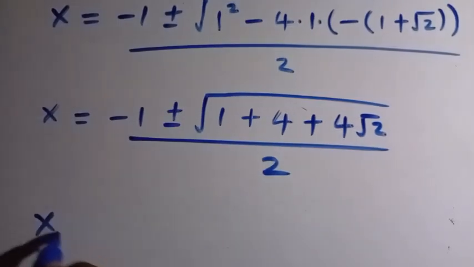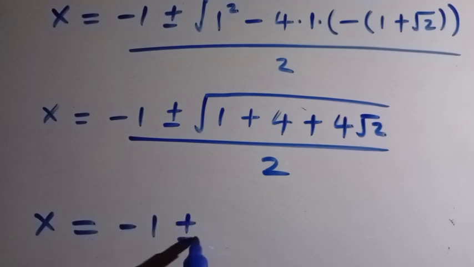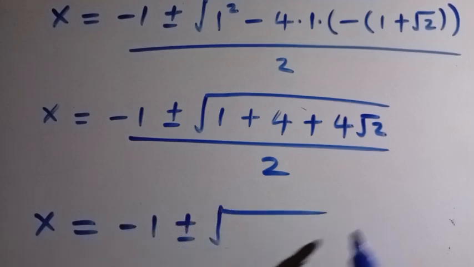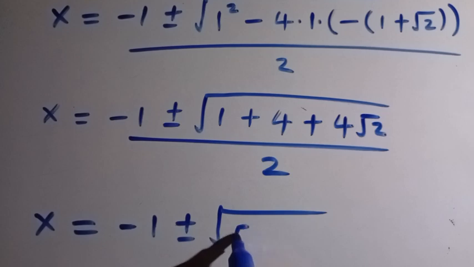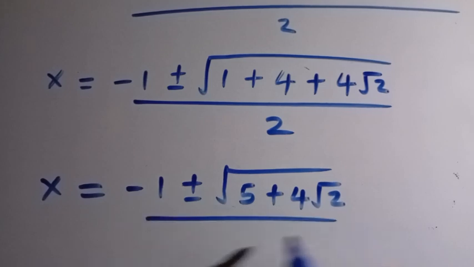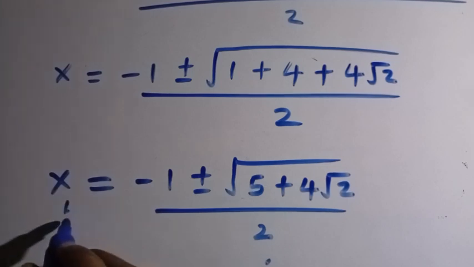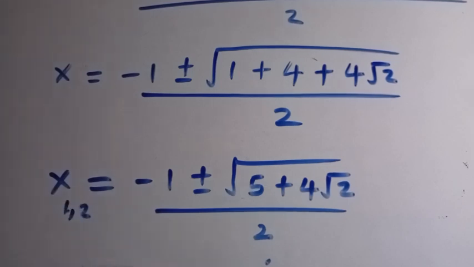So we can conclude that x equals minus 1 plus or minus the square root of 1 plus 4, that is 5, plus 4 root 2, all divided by 2. This is our x1, comma x2.